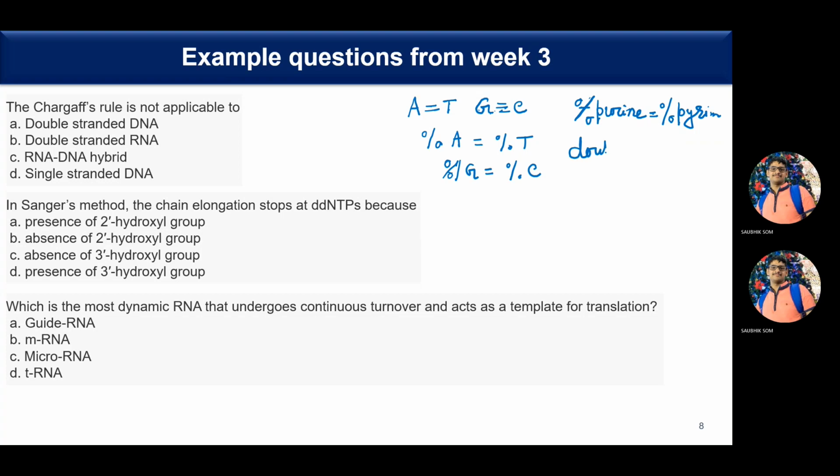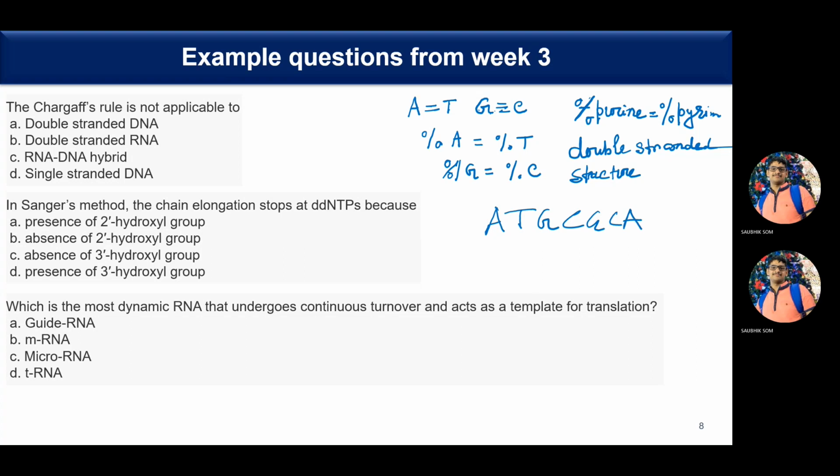Now this happens only if there is a double-stranded structure, right? Because otherwise, if it is single stranded, like in RNA, A T G C G C A like that, right? So this doesn't matter.